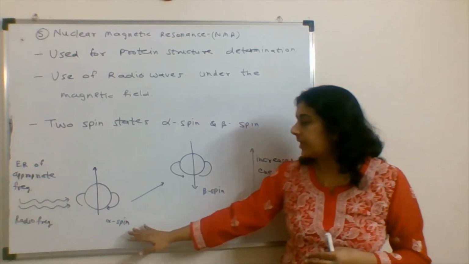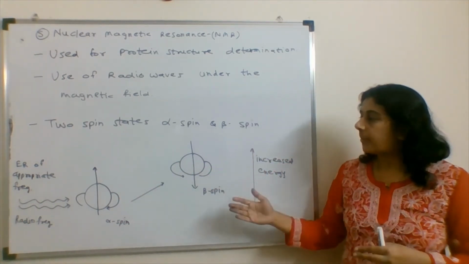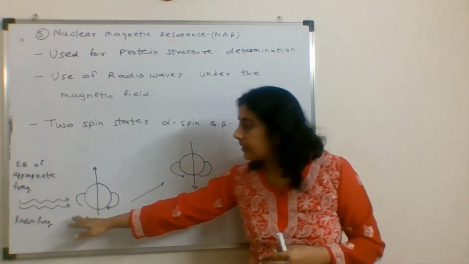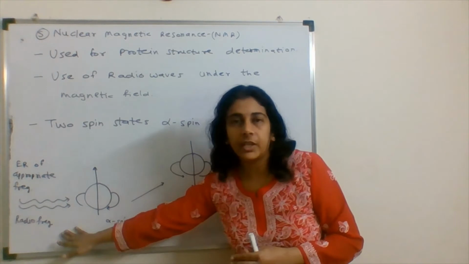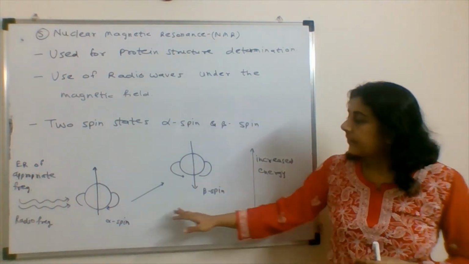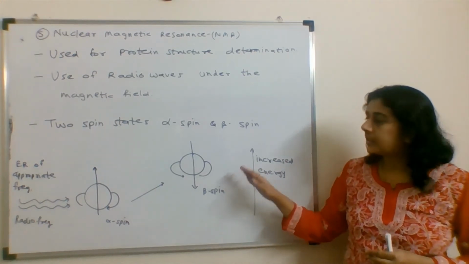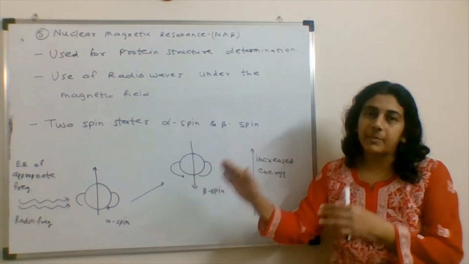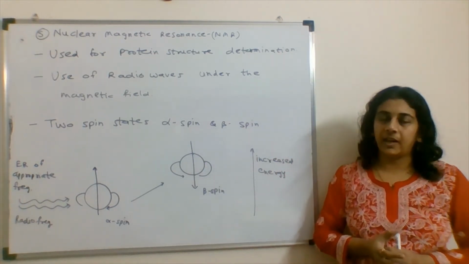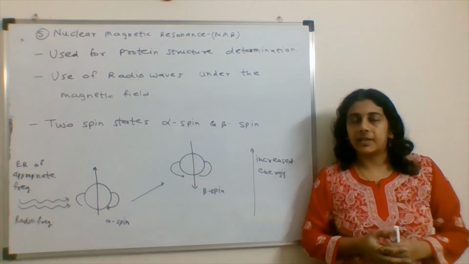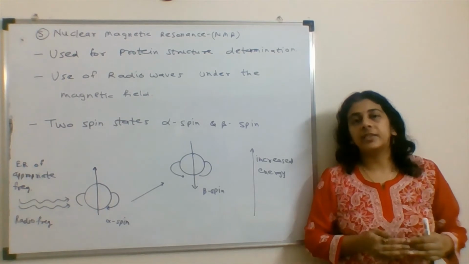Say the initial spin is alpha spin, it gets changed to the beta spin due to application of the magnetic field and the application of radio frequency. So this nucleus goes to the beta spin, and when it comes back to the alpha spin, it emits some energy. This energy is detected by us, and according to this energy we can determine the structure of the protein.